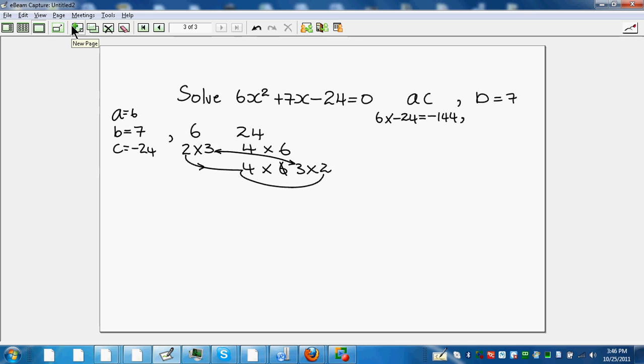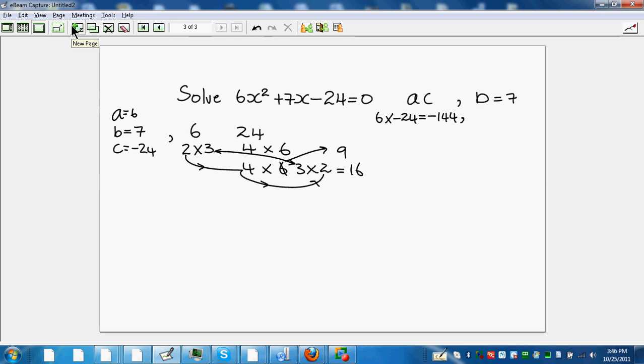This combination here would give us 16, and this one here, 3 by 3, would give us 9. Now remember, we're looking for combinations of numbers that when multiplied together will still give us back 144, but we want it negative, and when added together will give us 7.